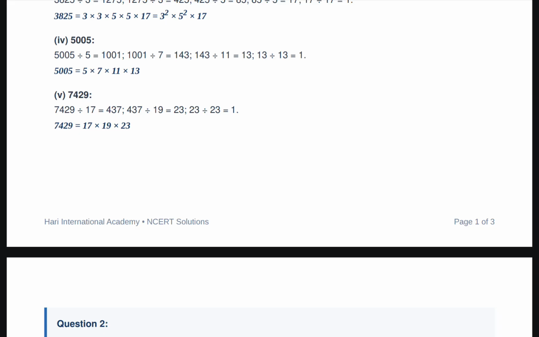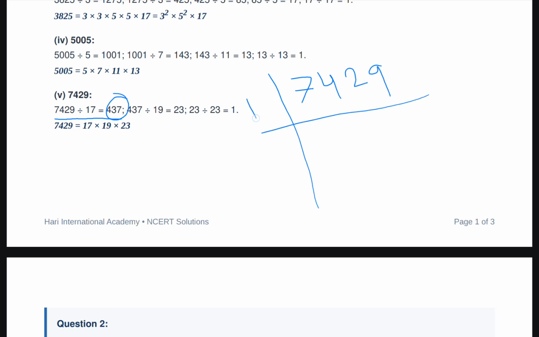7429. Okay, so firstly this number will be divisible by 17. By dividing it by 17 you will get 437. Okay, we are dividing it this way: 7429, when you divide it by 17 you will get 437.